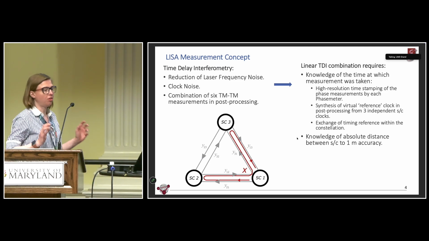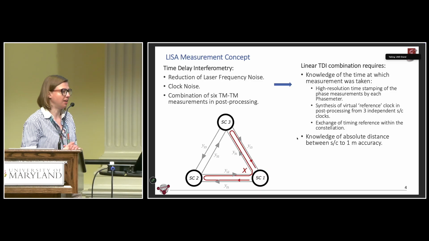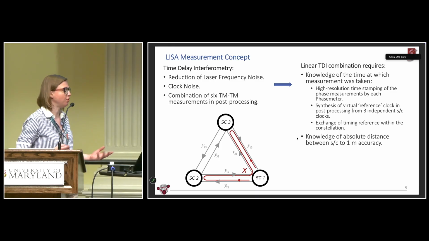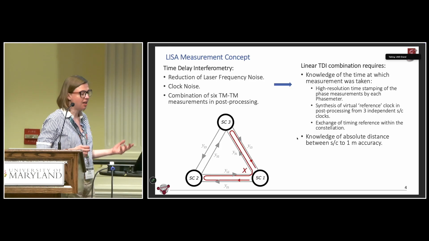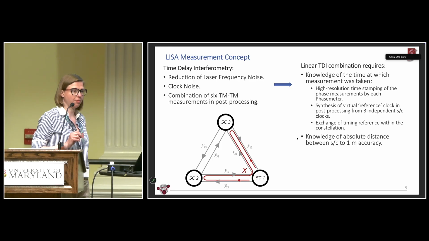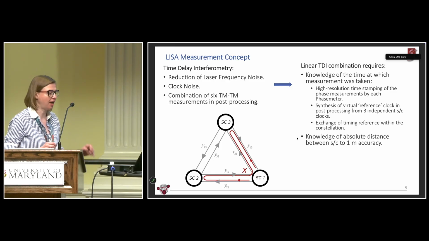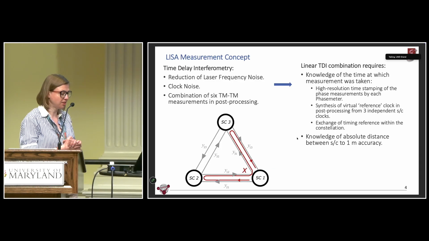So we already all know that we measure the phase of the beat note, and we know that to extract the scientific signal from the laser frequency noise and clock noise, we have to apply time delay interferometry. There are two caveats that we need to take into account. To apply the TDI, we have to have a great knowledge of the time at which we are taking the measurement.